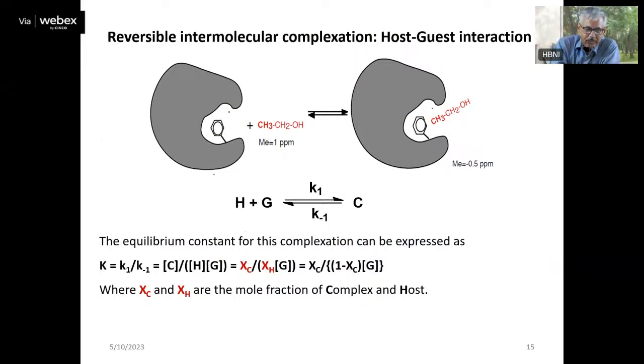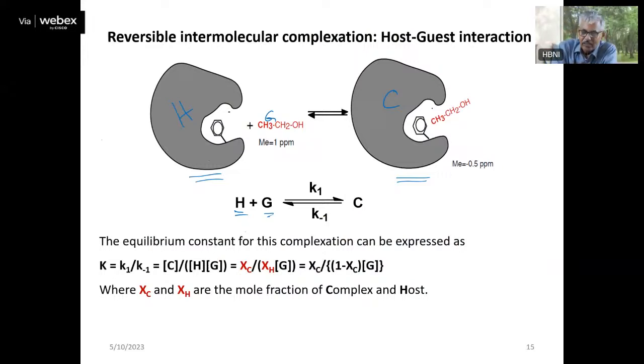Again, we have taken the same example. The ethanol is complexing with its receptor. So this is your host, this is the guest, and this is the complex. They are in equilibrium.